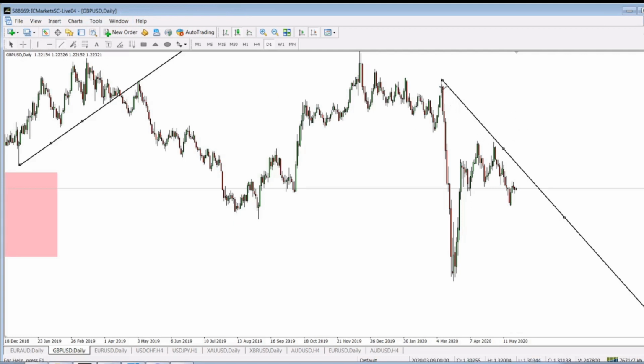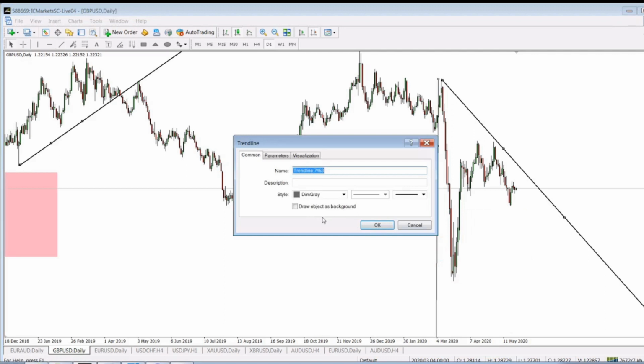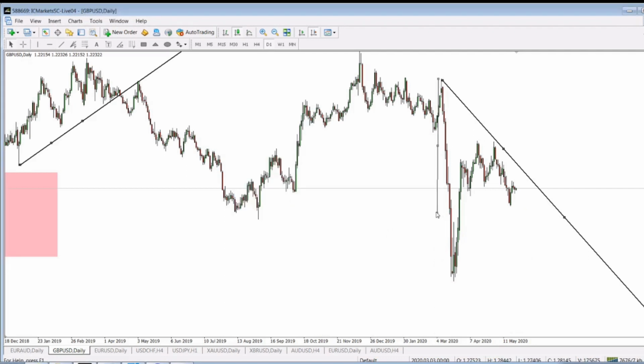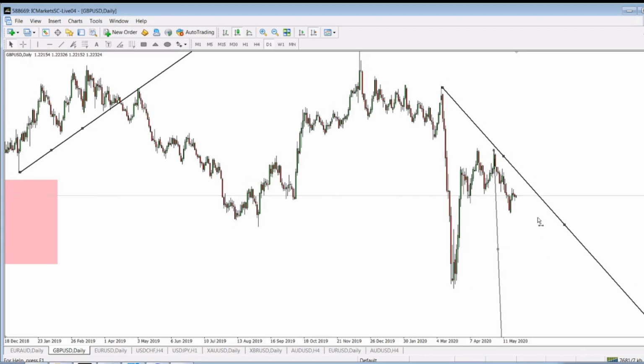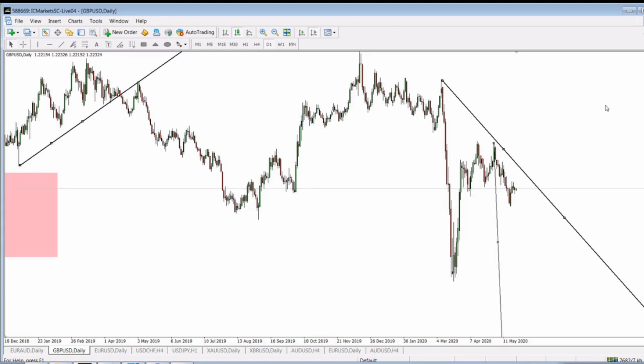Let me draw for you a line here. Is it this one? Let's do it as a ray. Trendline properties, parameters. Okay, so probably the market would fall another couple of pips if it decides to fall. So it will be somewhere there.